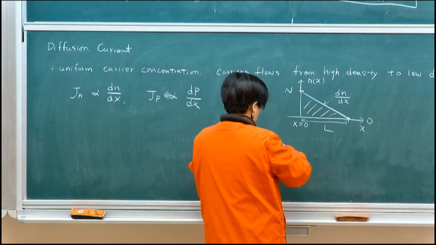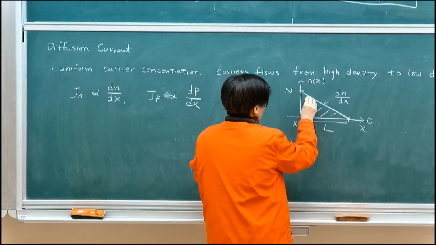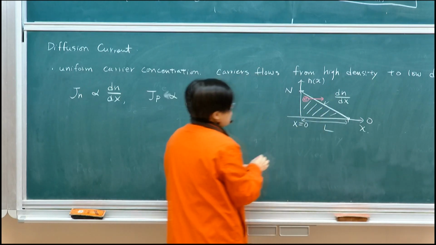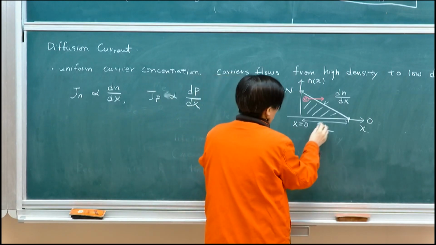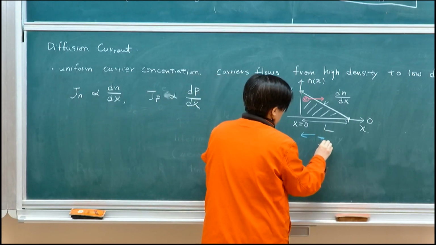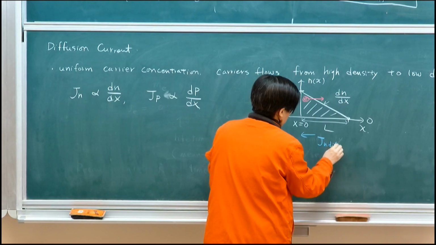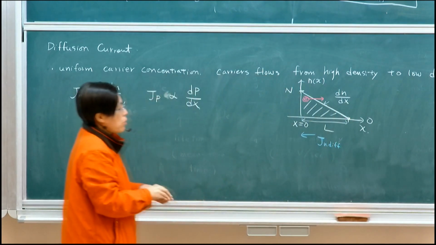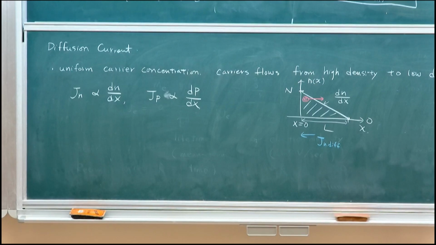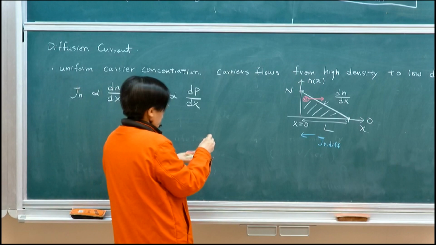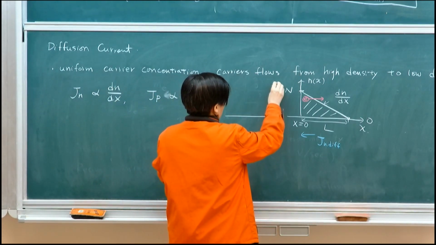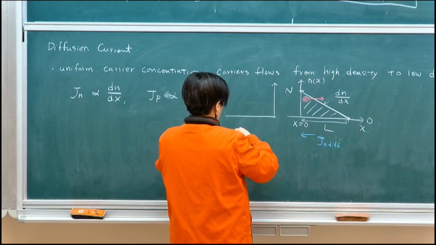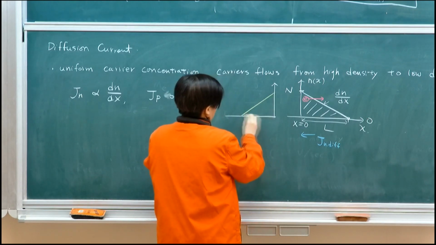The electrons will move from here to here. The moving direction is this, but the current direction is this. Electrons are moving in the right direction, but the current is moving in the left direction. That's diffusion of electrons. We can also do an exercise of diffusion of holes, the same thing.